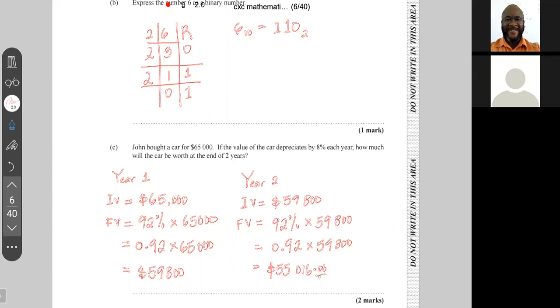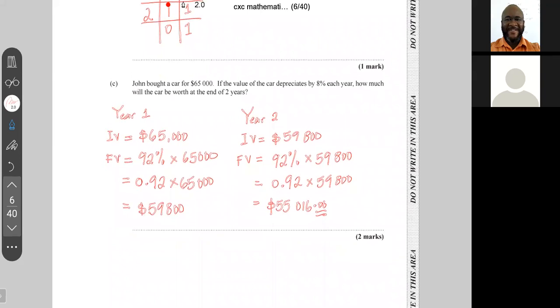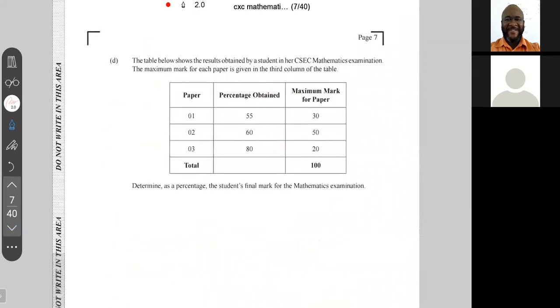Let's turn the page. See if there's more. Apparently there's more. All right, D now. D says the table below shows the results obtained by a student in her CSEC mathematics examination. The maximum mark for each paper is given in the third column of the table. All right. So in the middle, we have the different papers.